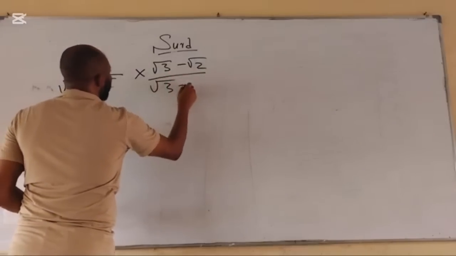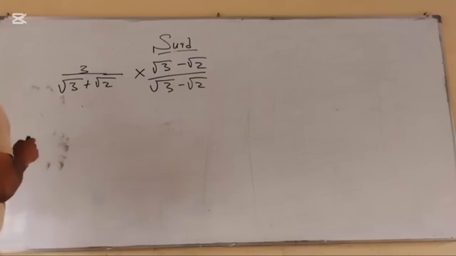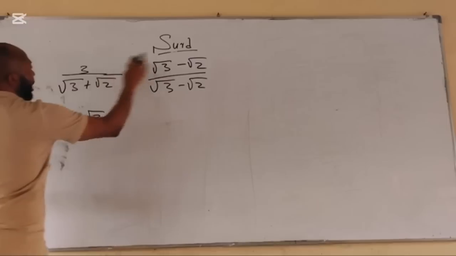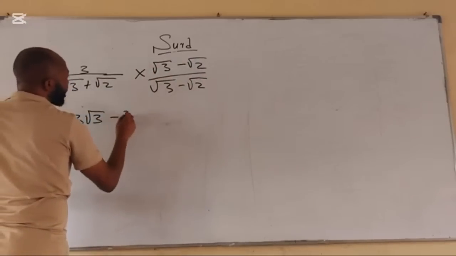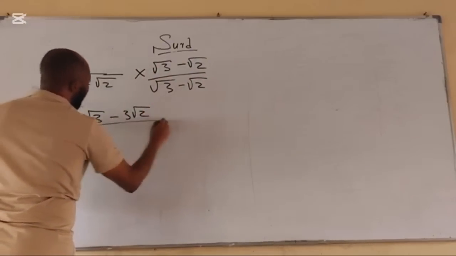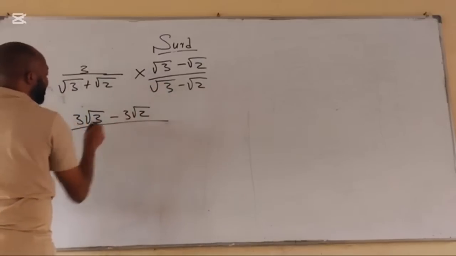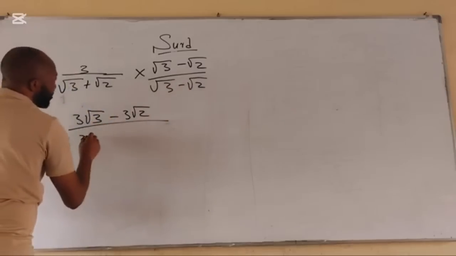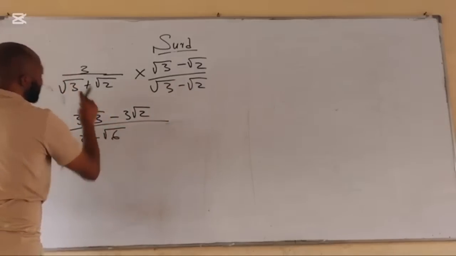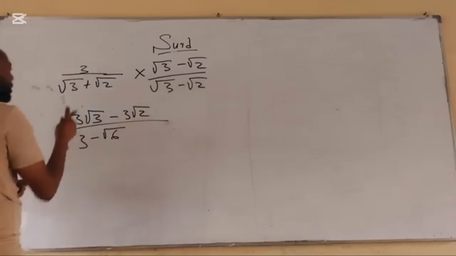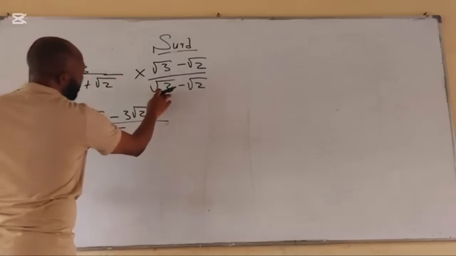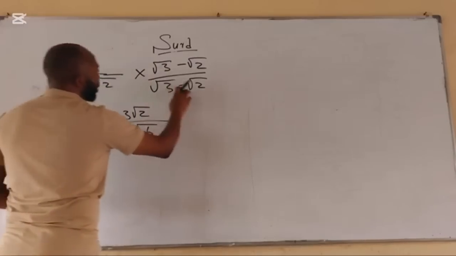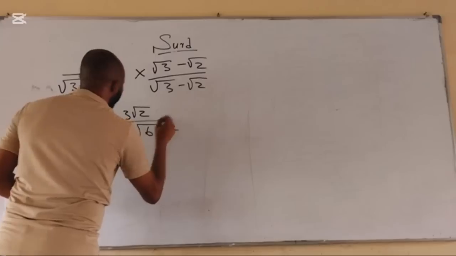So 3 times root 3 is 3 root 3. 3 times minus root 2 is minus 3 root 2, over root 3 times root 3 is 3. Root 3 times minus root 2 is minus root 6, because 3 times 2 in multiplication is root 6. Plus root 2 times root 3 is plus root 6. And plus root 2 times minus root 2 is minus 2.